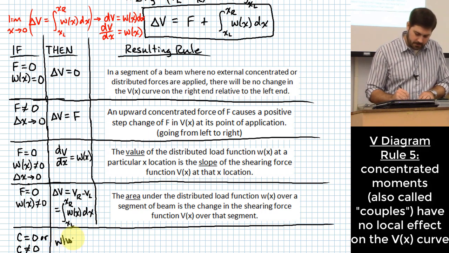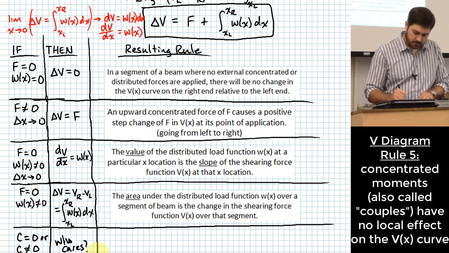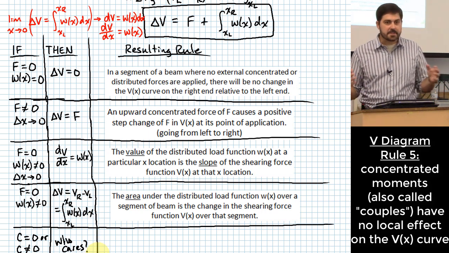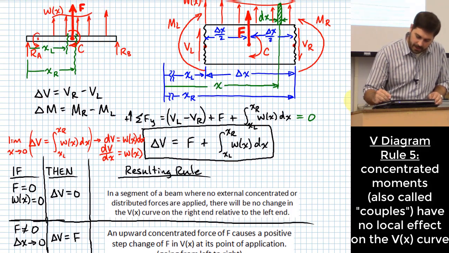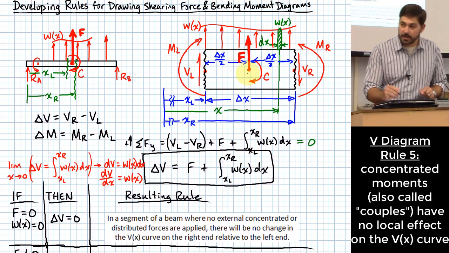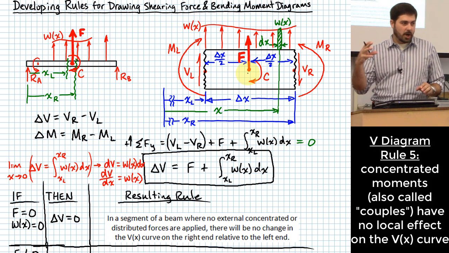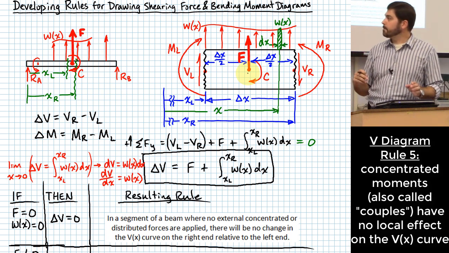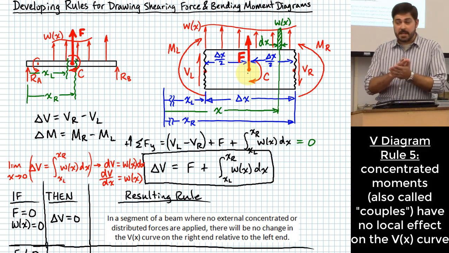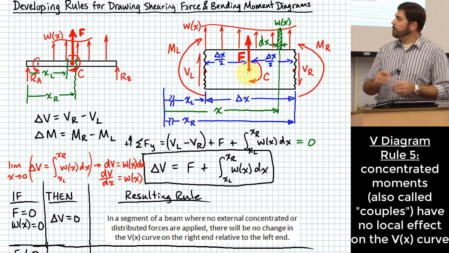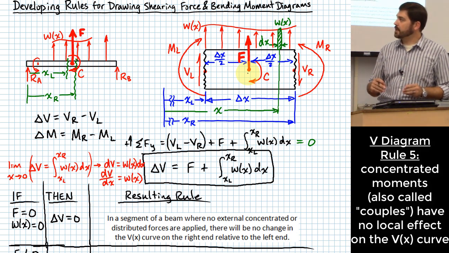Who cares? Doesn't matter. Remember, C is the concentrated moment that we could externally apply onto this segment of the beam. Sorry, I probably should have brought that up again.